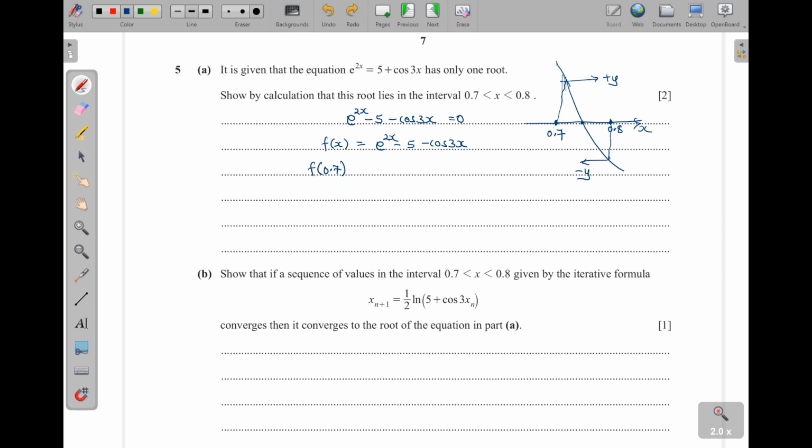We should get different signs. Okay, there has to be a change of signs. So this one here, I'm just giving an example. I don't know whether when I put 0.7, I get a negative, and when I put the other, I get a positive, or whatever. So it's just an example.